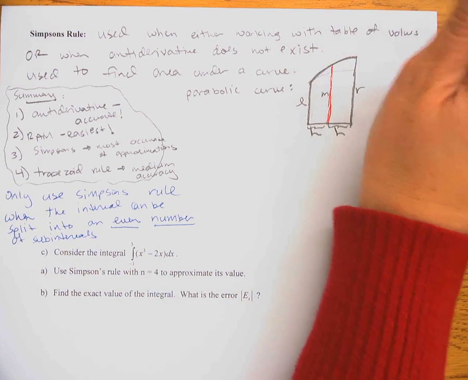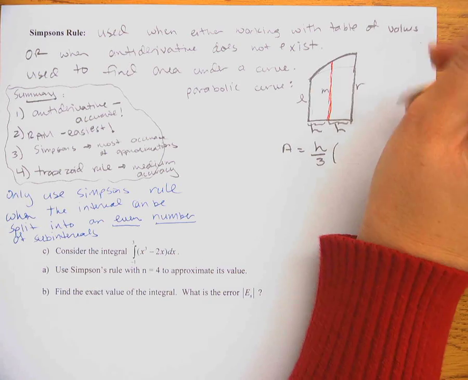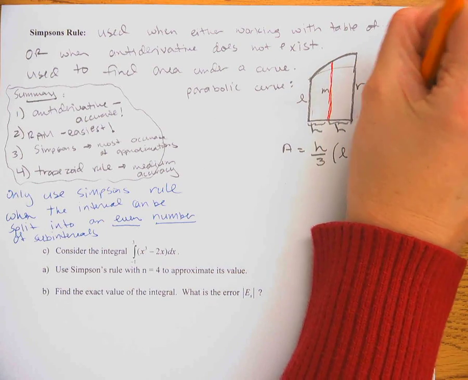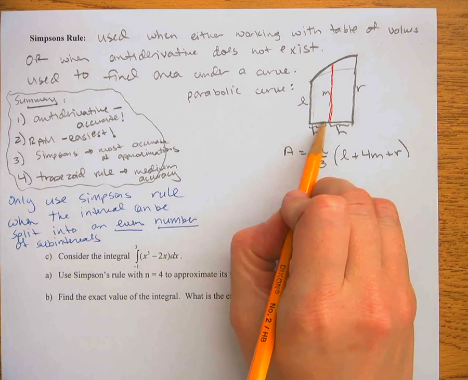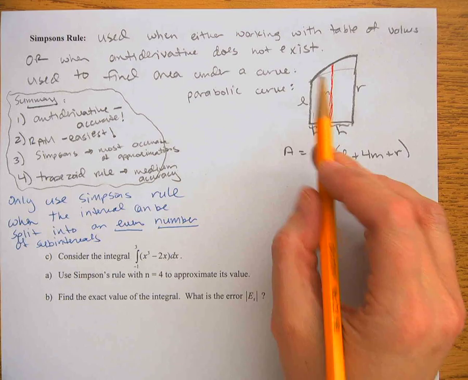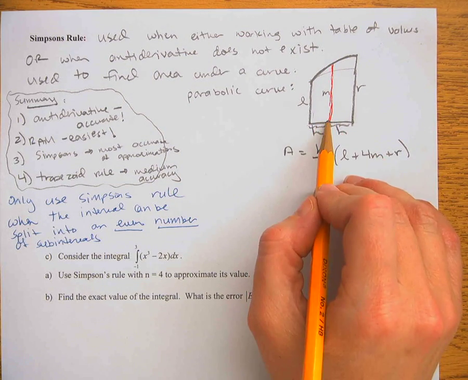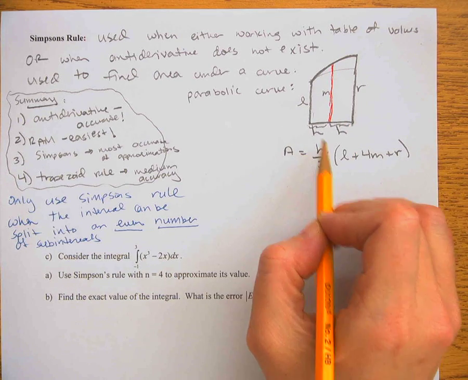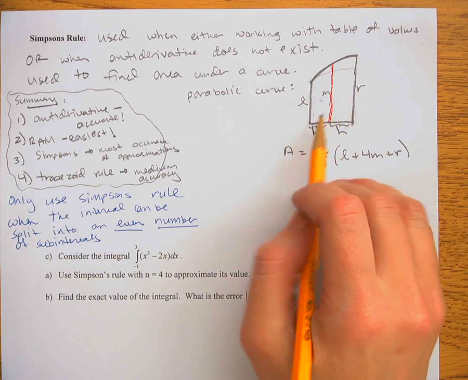And the area of this shape is H over 3 times L plus 4M plus R. H again is half the length of the base. L is the left height. M is the middle height. R is the right height. H divided by 3 times L plus 4M plus R would give me the area of this shape.